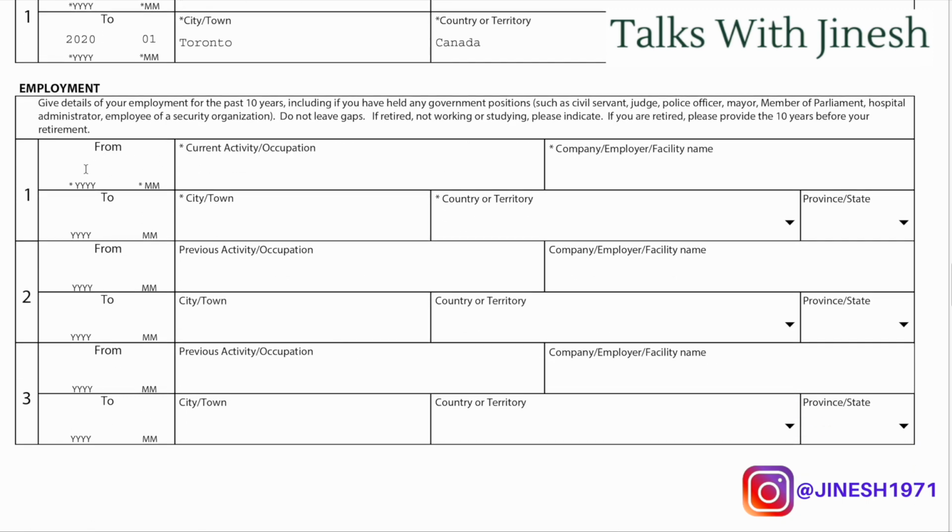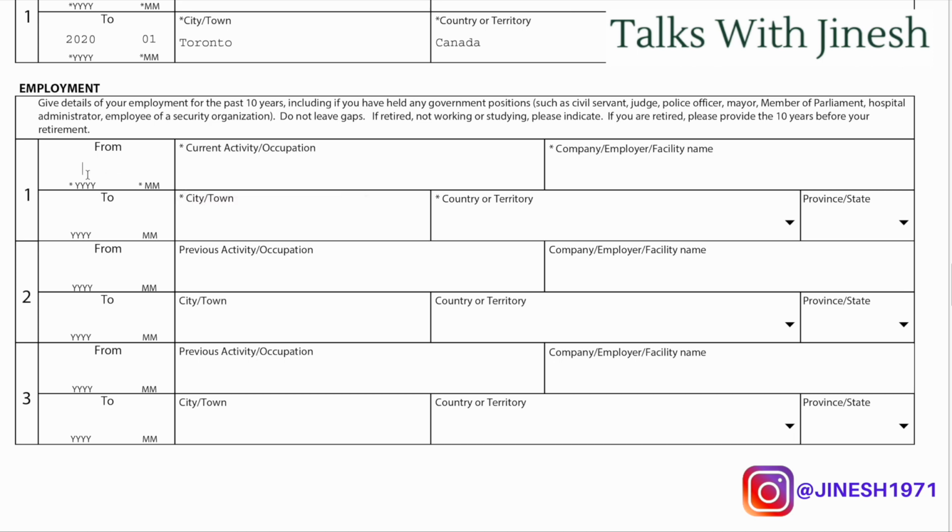Employment, now here you will enter every single employment that you have ever worked. I have done several jobs in Canada, so obviously these 1, 2, and 3 was not sufficient for me. So if you've done more than 3 jobs, you would have to write down all the jobs that you've done on a piece of paper and fill out all of these fields and attach it as an optional document in your IRCC portal.